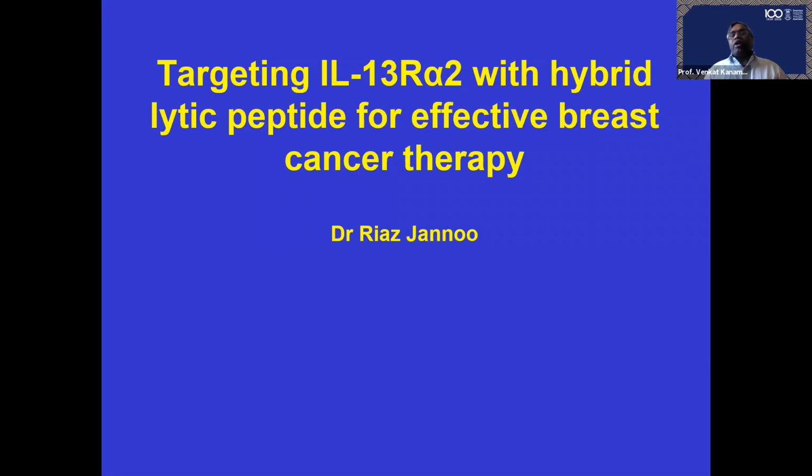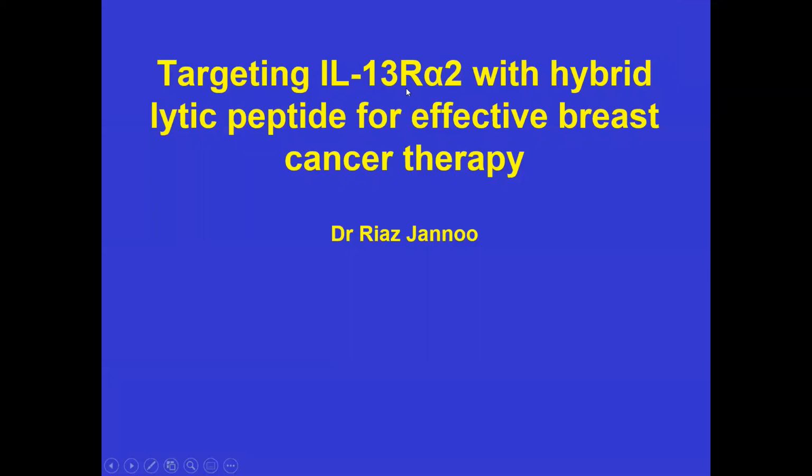One is that you can use antibody, as well as other approaches. What we have chosen is a peptide that specifically binds to a receptor called IL-13, the interleukin 13 receptor, which is overexpressed mainly in several cancers, including breast cancer.